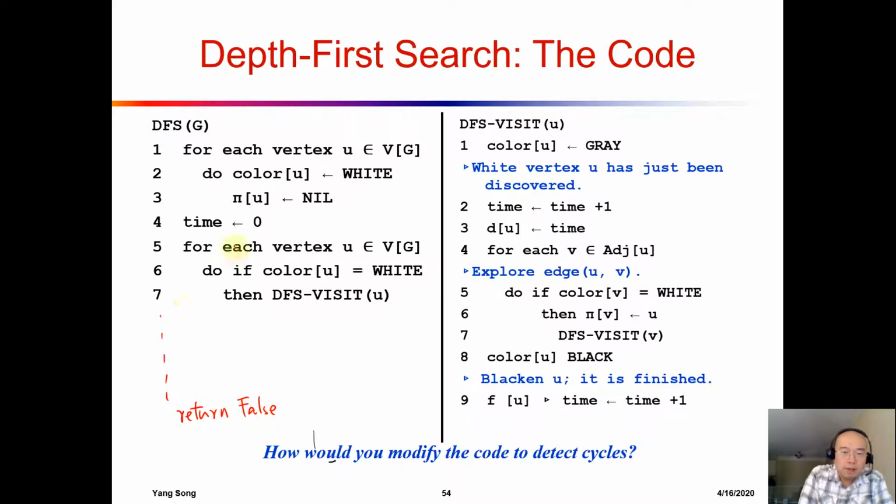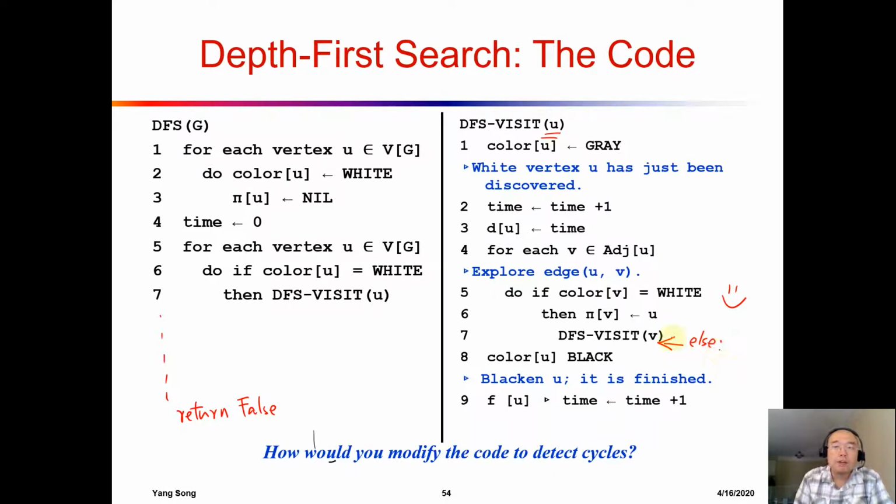And for each of the vertices, if that vertex is white, then we want to do the DFS visit, right? And then we go here. So when we are doing the DFS of the current node U, and we see an adjacent V, if the adjacent node V is white, everything is good. However, I want to add an else here.